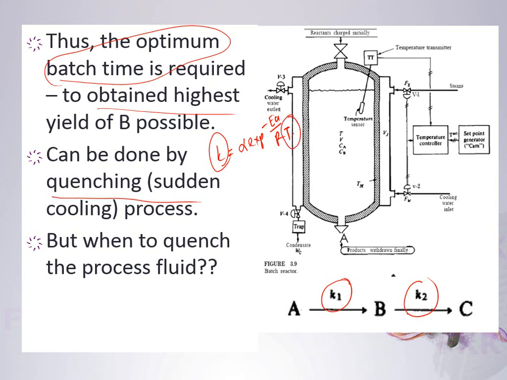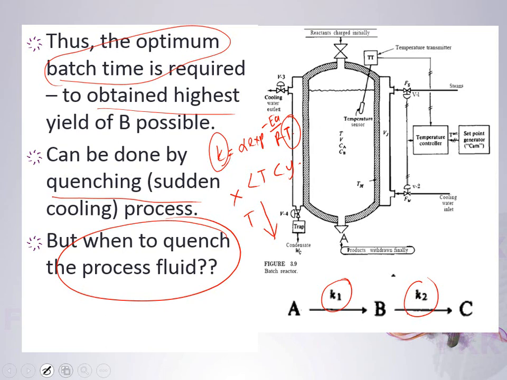So this one has some range of value, say for example between X and Y. If you reduce the temperature to a low temperature, quench means a sudden cool, then your K will be slowed down. Then you can stop the reaction. Okay, so the question is when to quench the process fluid. That's the thing that you have to figure out.